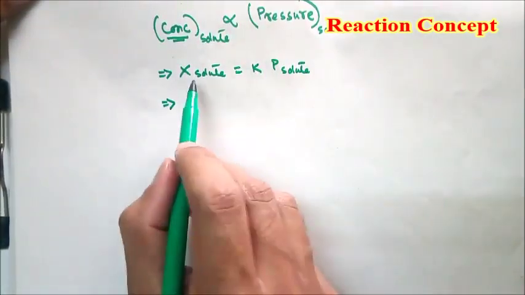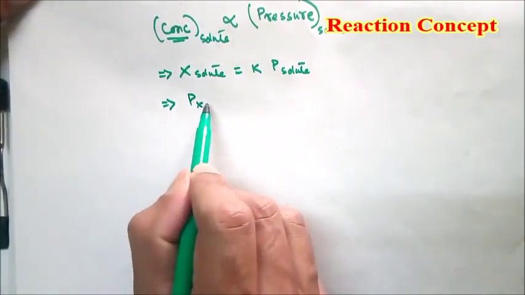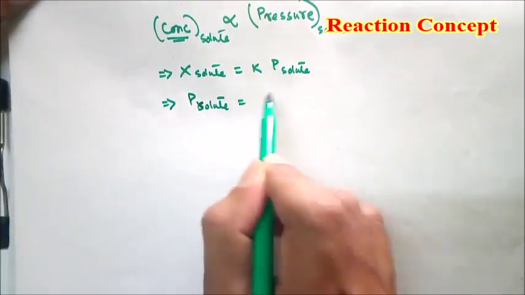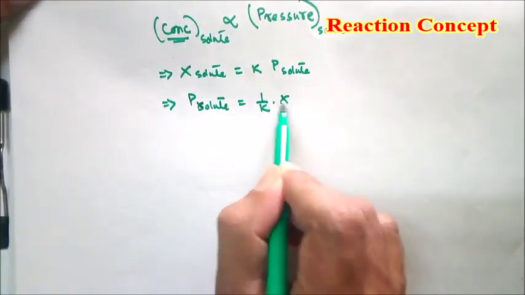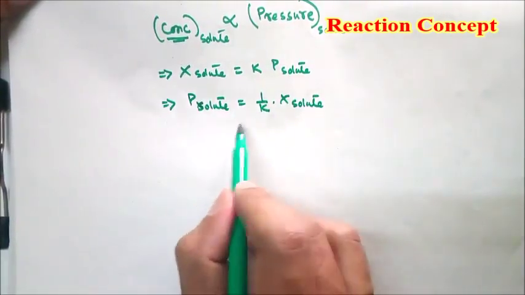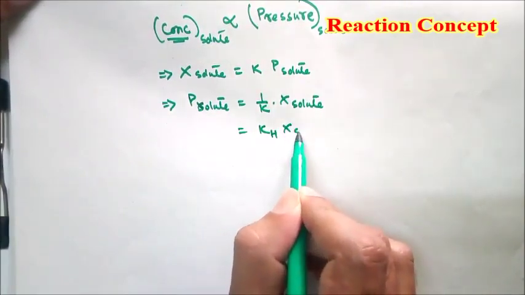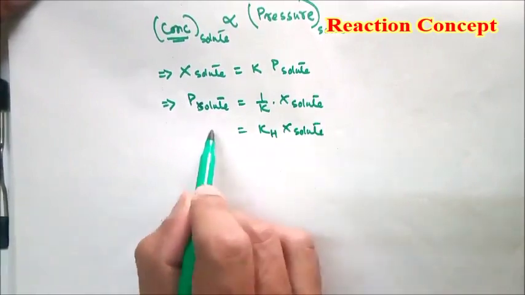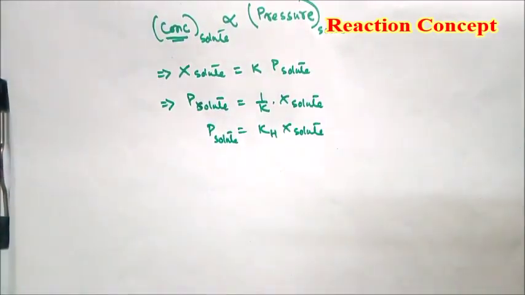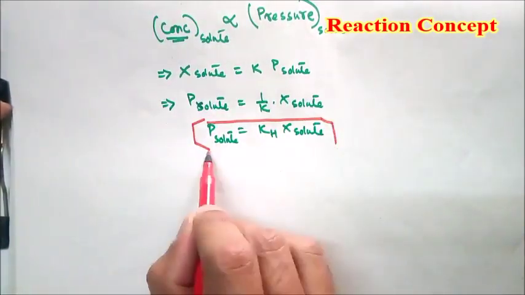So pressure of the solute can be written as 1 by K into mole fraction of solute. This 1 by K is the K H. This is known as the famous Henry's law.